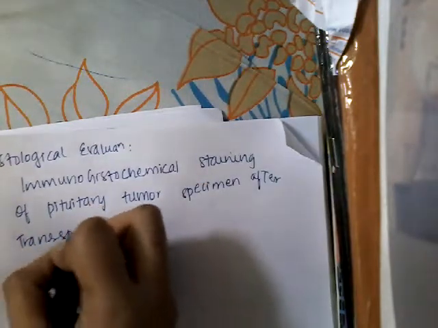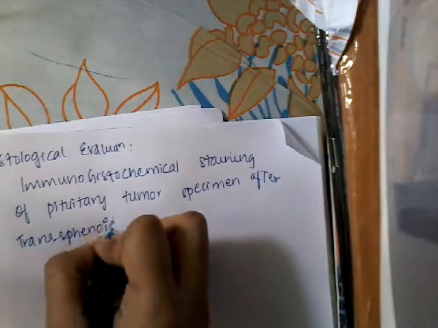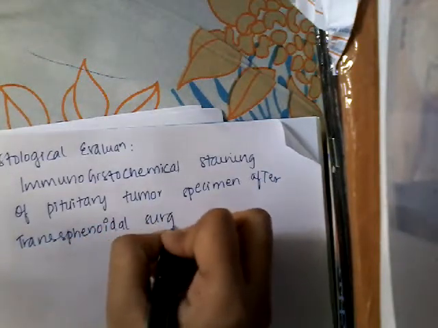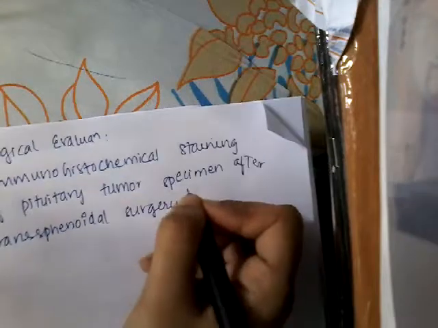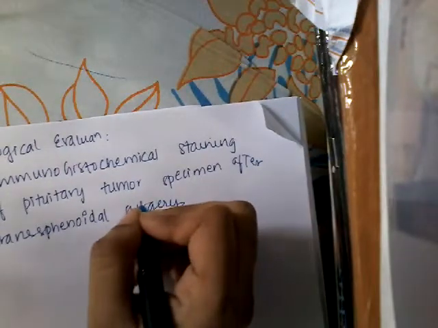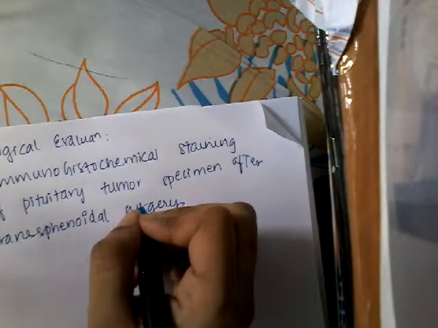After resecting the tumor, you do this immunohistochemistry. Okay, and then you can examine under microscope also, that is electron microscope also.